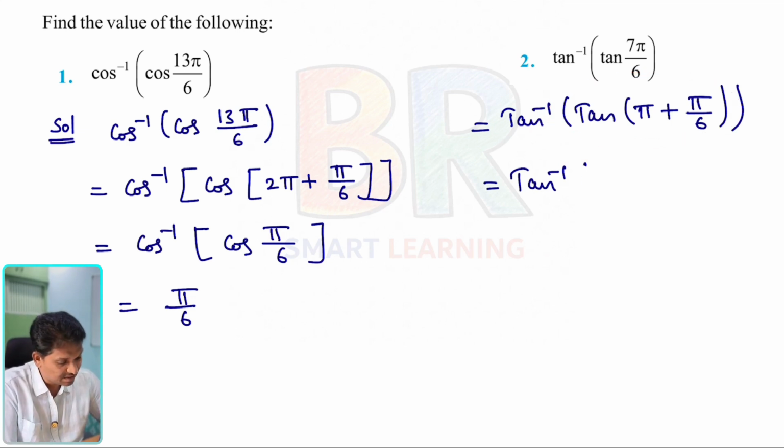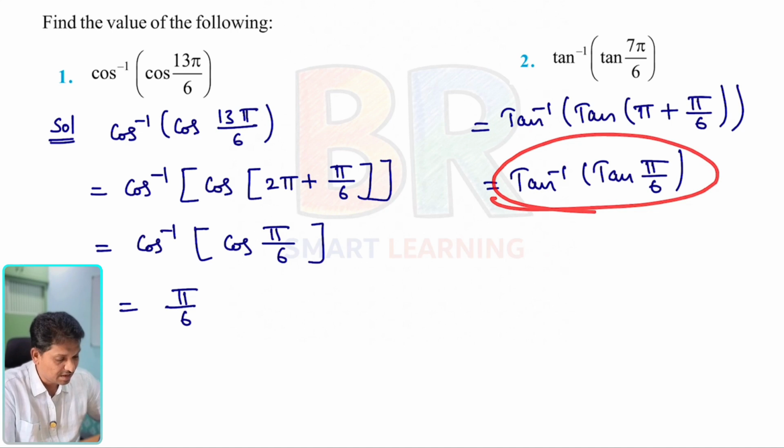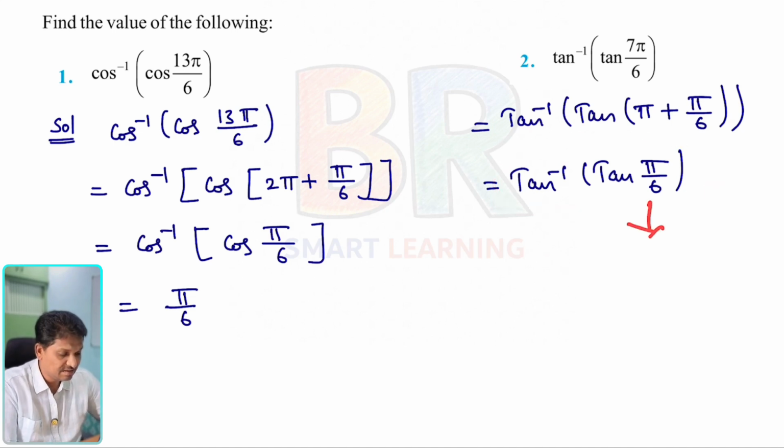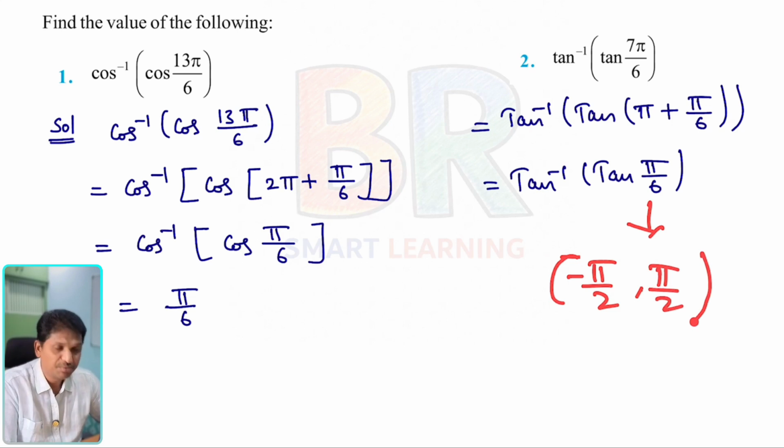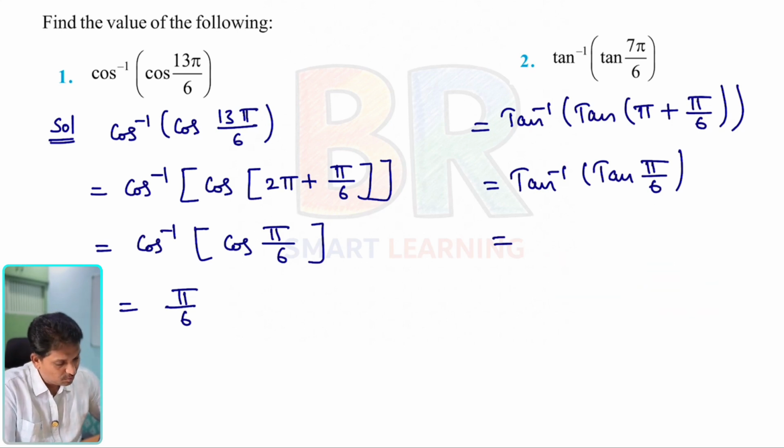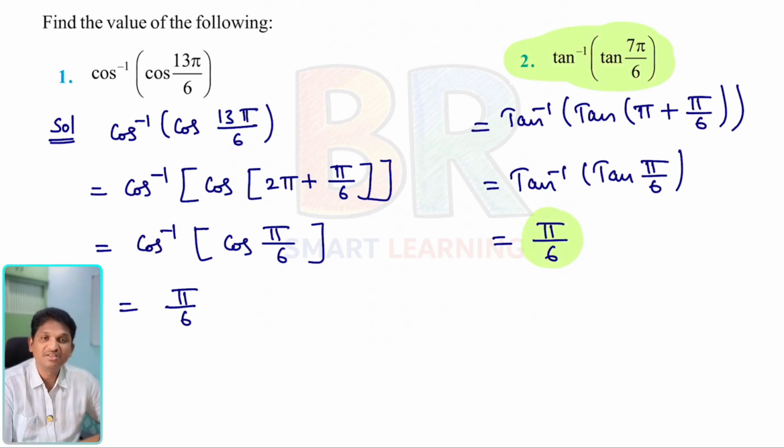So we can write this as tan pi by 6. Now this is in the form tan inverse of tan theta, and theta is in the open interval minus pi by 2 comma pi by 2. Pi by 6 is 30 degrees, which is there in this interval. So I can use the formula tan inverse of tan theta equals theta. So the value of tan inverse of tan 7 pi by 6 is pi by 6.